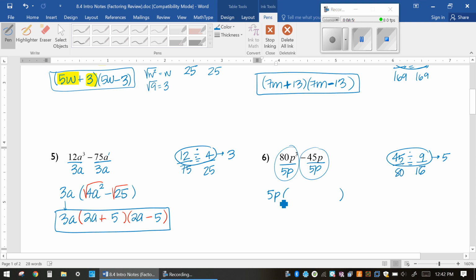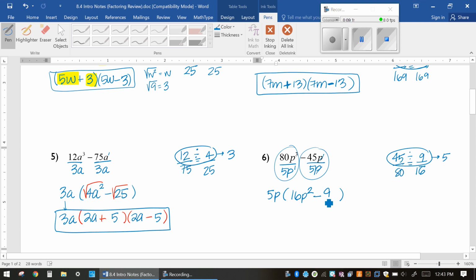Okay, so now you've got 80 divided by 5, that's 16p, and then squared because you had 3 but you took one out. Negative 45 divided by 5 would give you negative 9, and then the p's cancel.